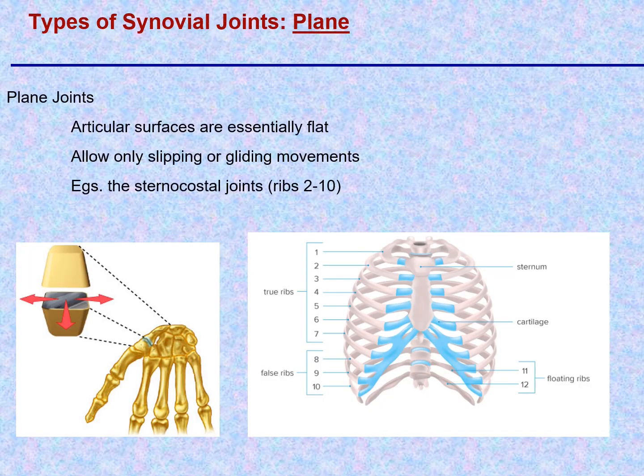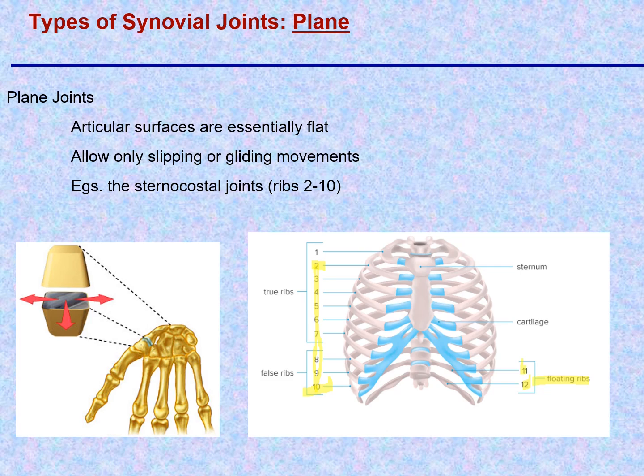Here's the plane type of synovial joint, which is found in association with the 2nd to the 10th pair of ribs. Remember, the last 2 are floating ribs. They're not attached at all to the sternum.